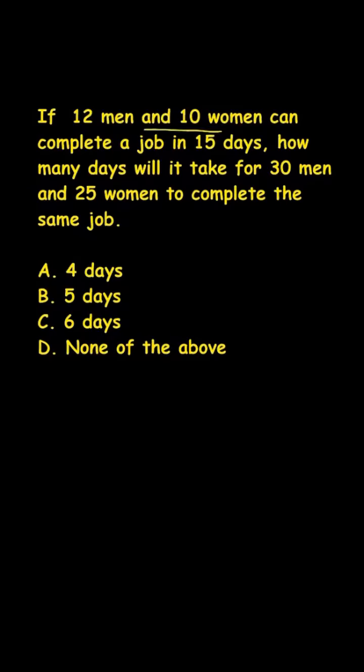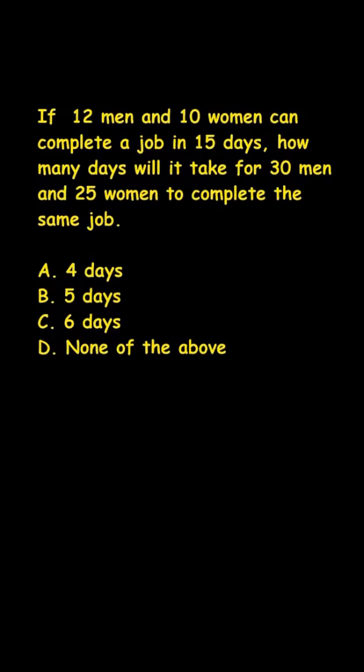people and days. So you now ask yourself, what kind of relationship can we have between the number of people and the number of days it takes these people to complete the job? What would happen to the number of days if the number of people increases?